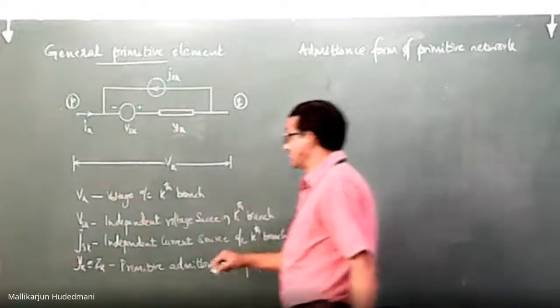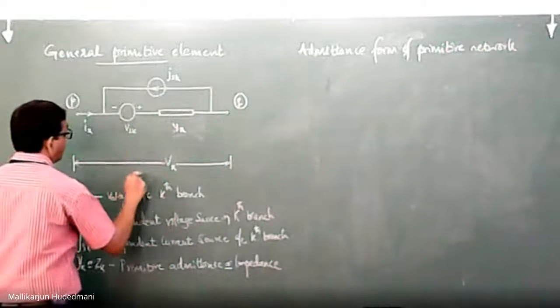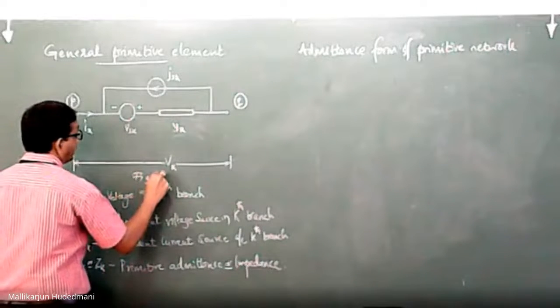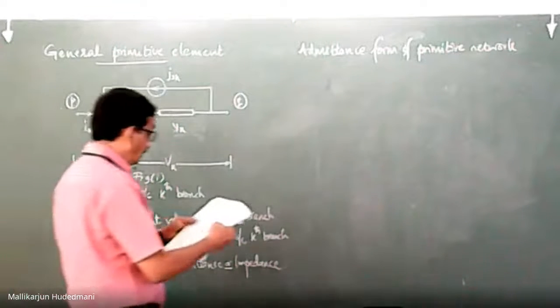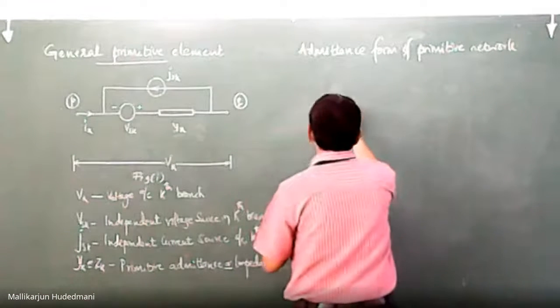Then I call this figure number 1, just for easiness. Then I take the admittance view of which as the representation, figure 2. This can be simplified this way.